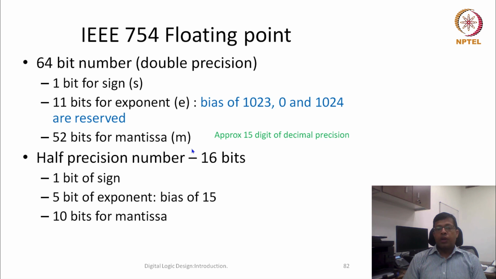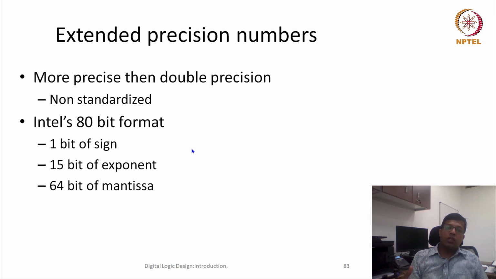So what if I would like to have even more precision than double precision floating point numbers? In the past history, different vendors were trying to invent their own standardization.